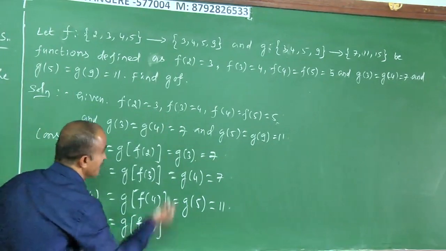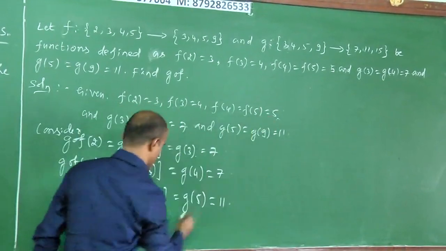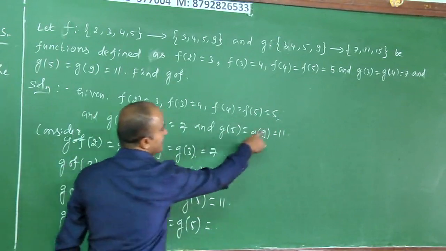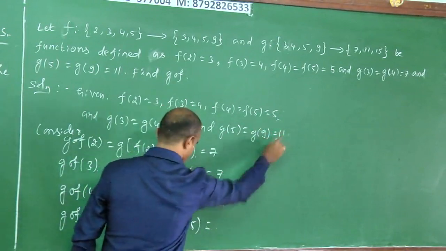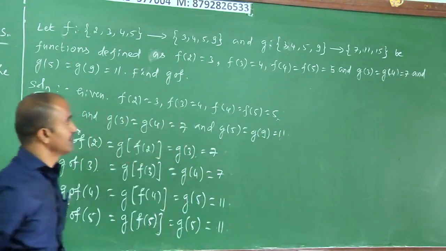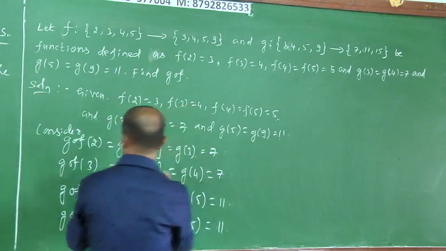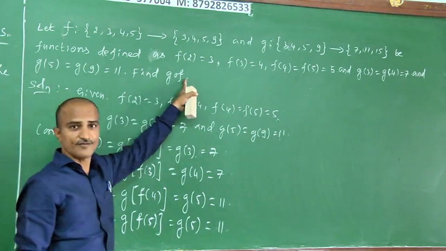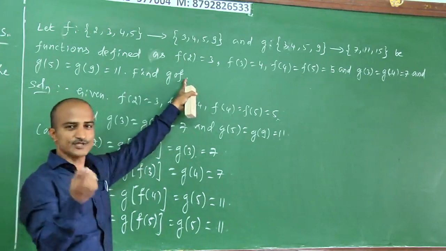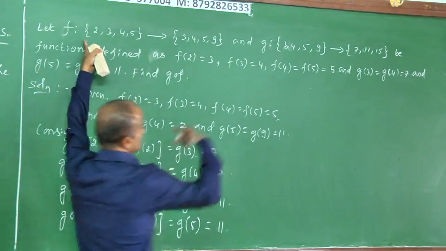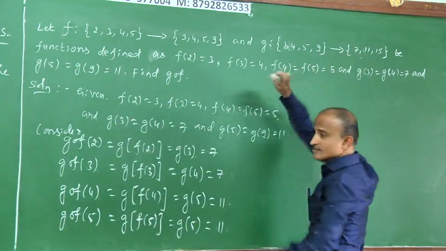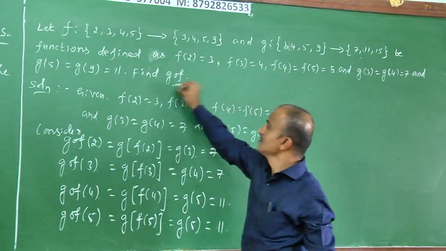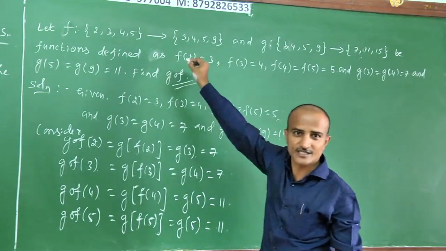The image of 5 under f is 5, so g of 5, and the image of 5 under g is 11. And that is how we find GOF, which is a function from A to C. Elements of A are assigned to elements of C. This is how we can find GOF of given functions.